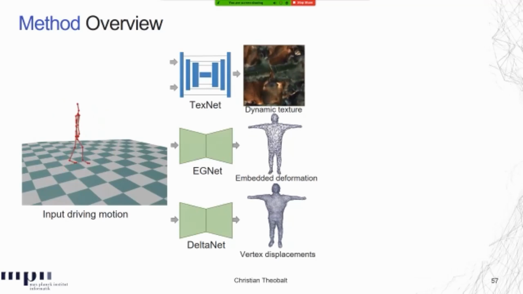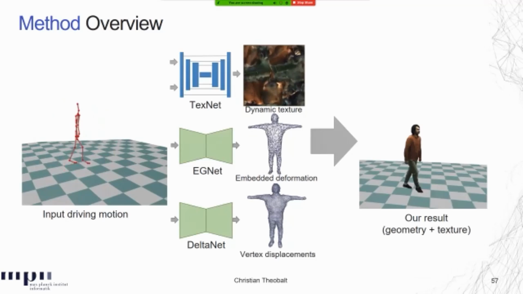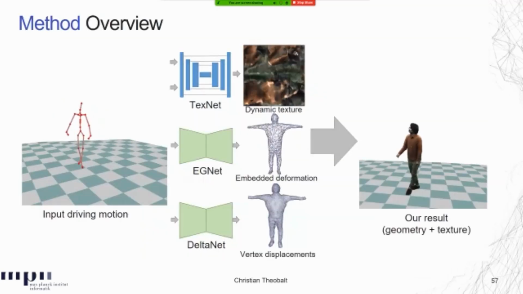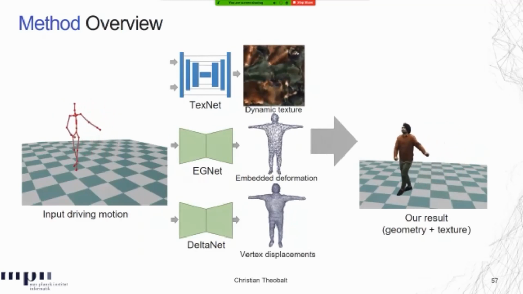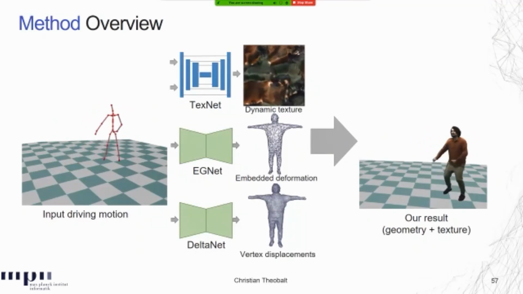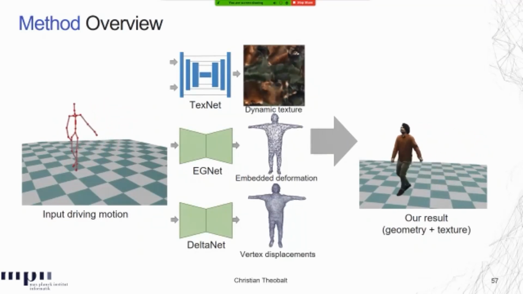Here, these are all visualized in the reference pose of the character. Combining the individual outputs results in a photorealistic rendering of the actor. Our algorithm runs in real time.